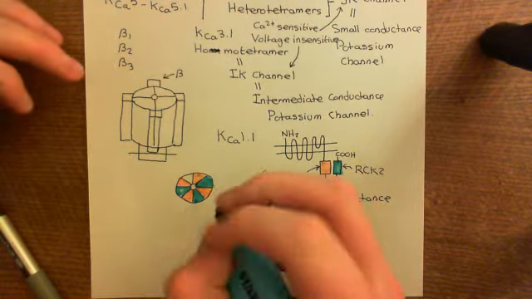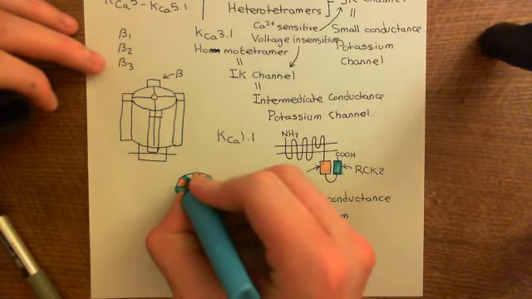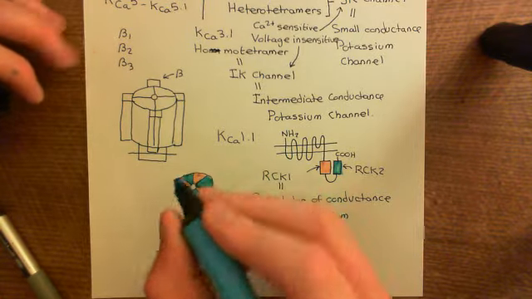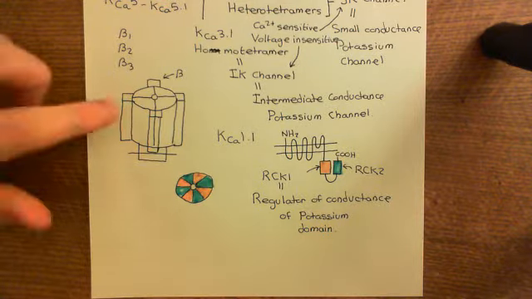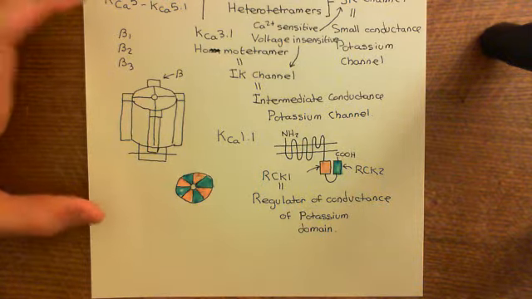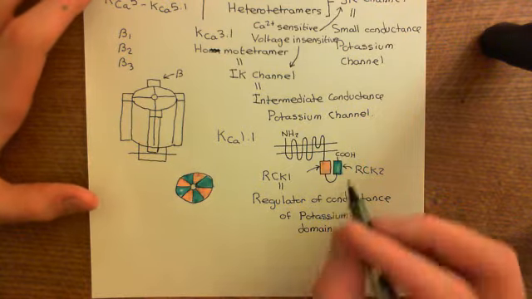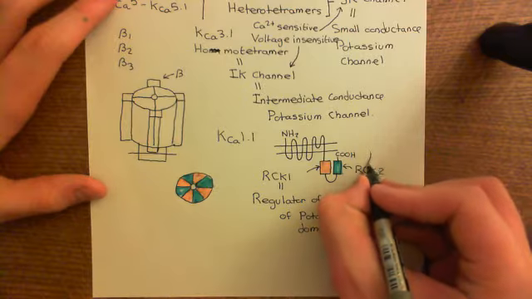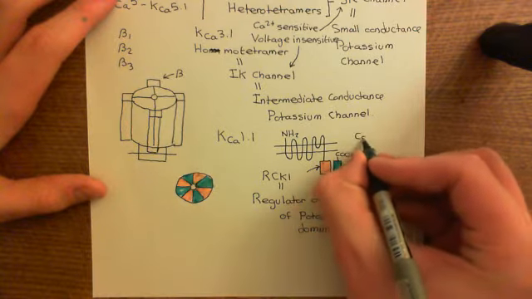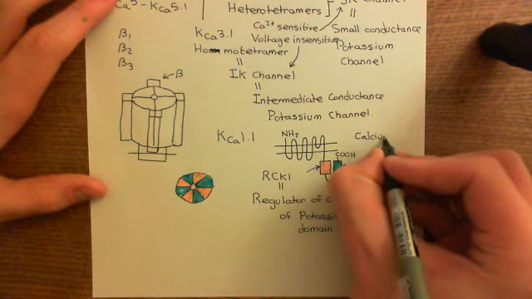That's how you get this octamer of RCK domains, which forms a ring at the intracellular aspect of the BK channel.